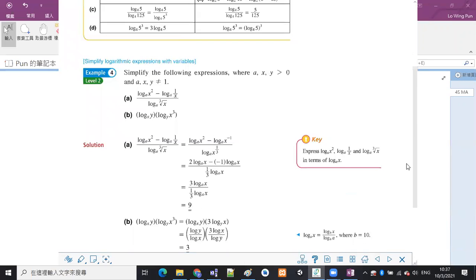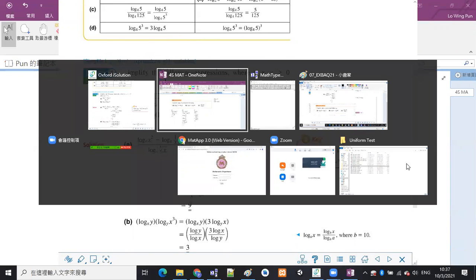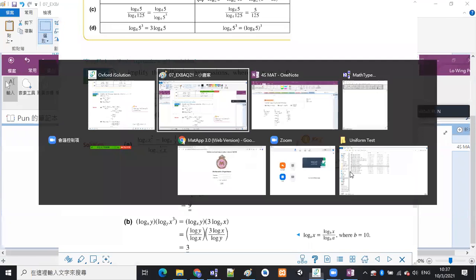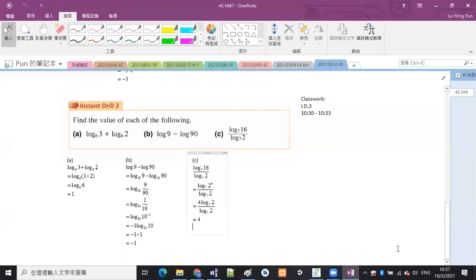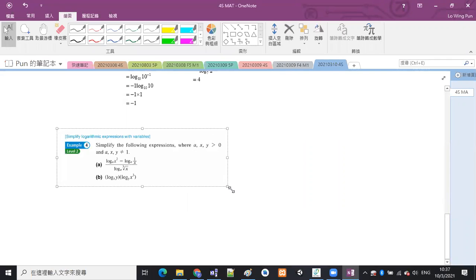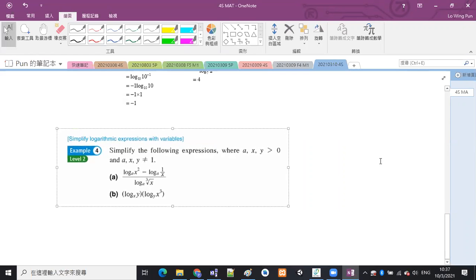Number 4 example 4。嗱,今次就會有啲 x 喺度嘅,有啲未知數啊咁樣嘅。咁通常考試測驗都會有呢啲咁嘅嘢噶啦。Example 4.